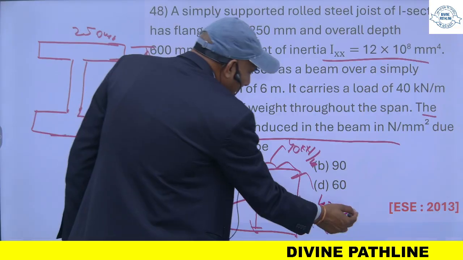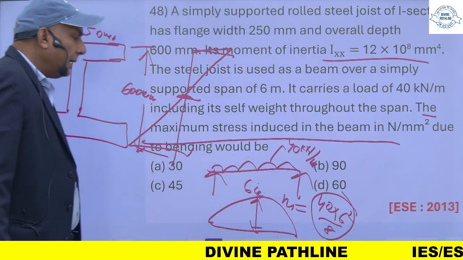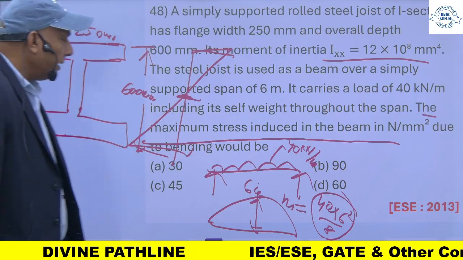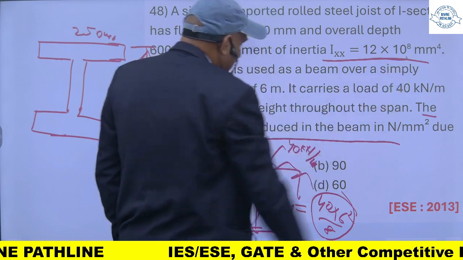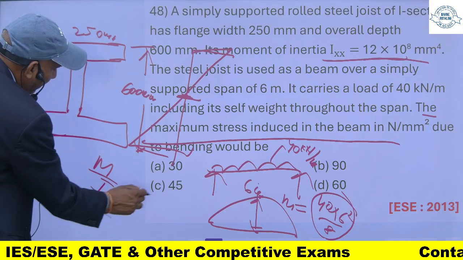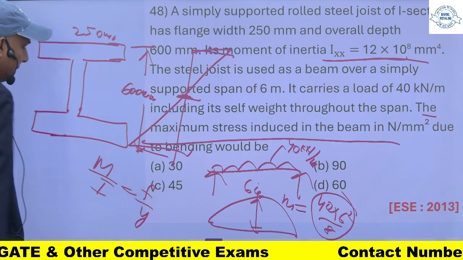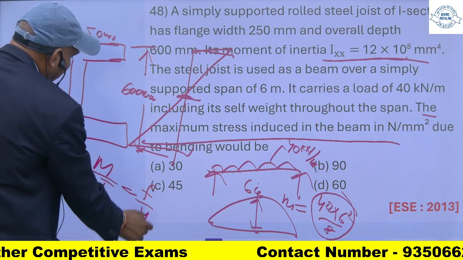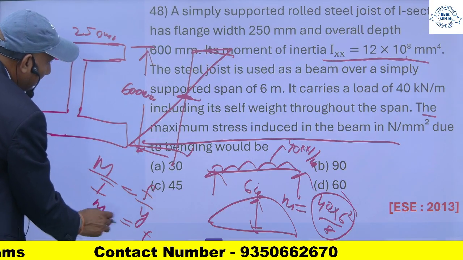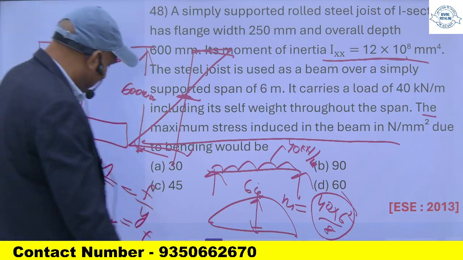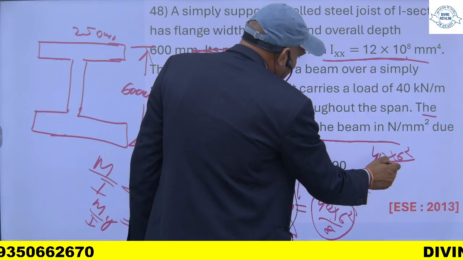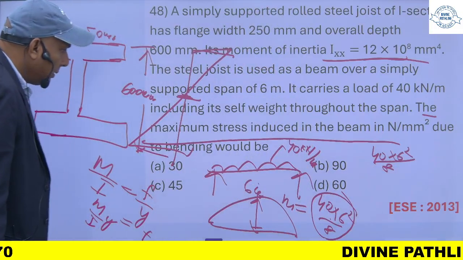This is the bending moment M, and the moment of inertia is I. My formula is M upon I is equal to F upon Y, where F is the bending stress. So F will be M upon I into Y. The bending moment is this one, divided by the moment of inertia.